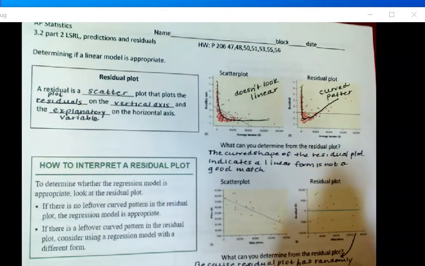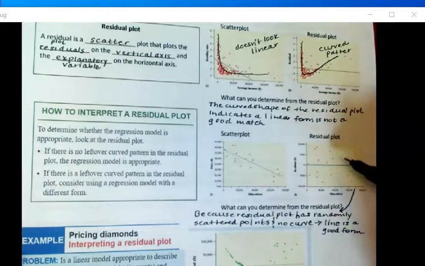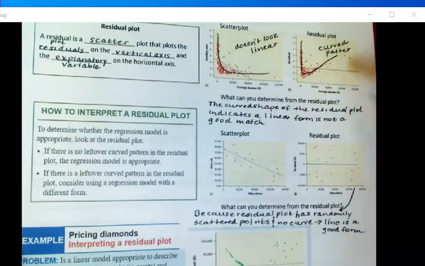You don't see any curve. A line is a good form. That's what we get from this residual plot, and this is what you're looking for to say a line is a good form. Whenever you see any kind of curvature, the line is not a very good form.